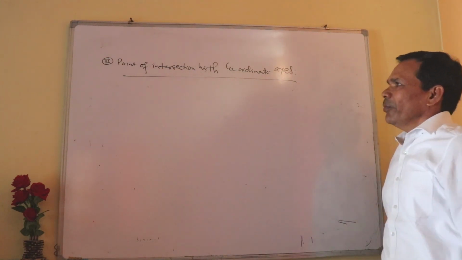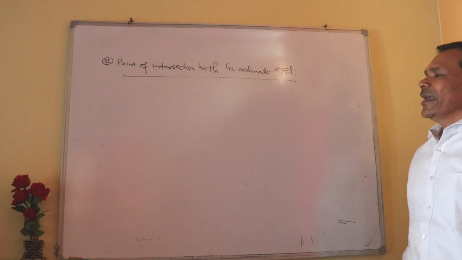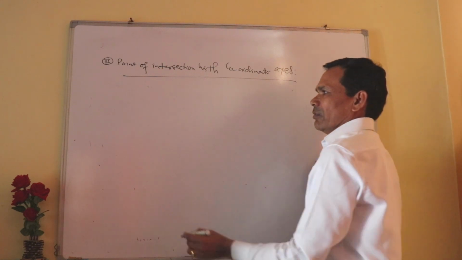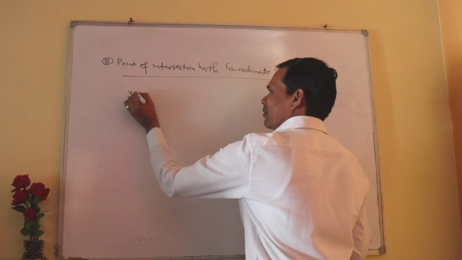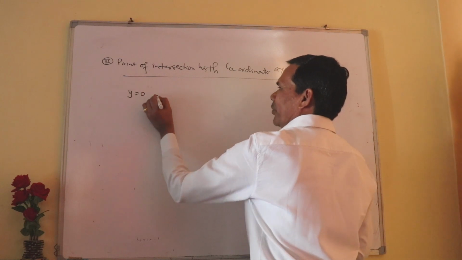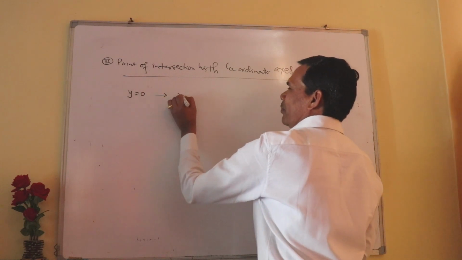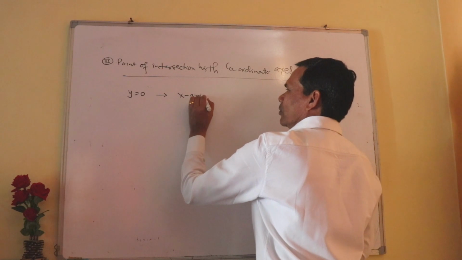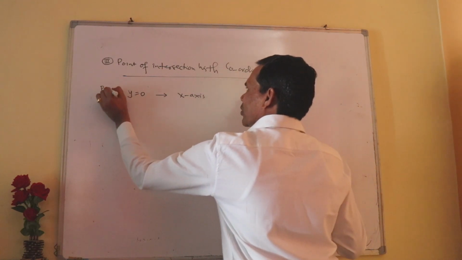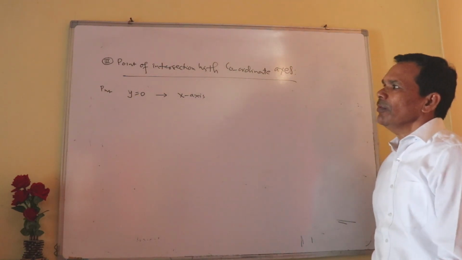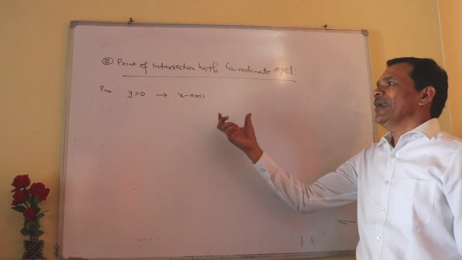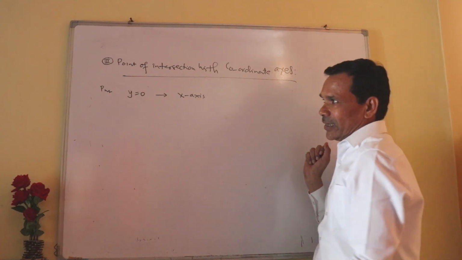See how it is done: we put y equal to 0 in the equation of the curve. We get the point or points where the curve meets the x axis.